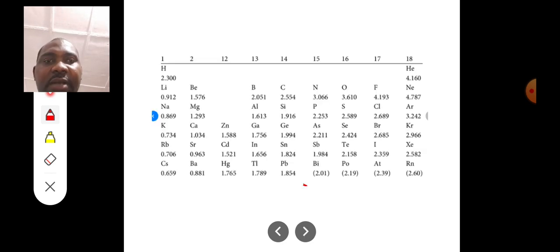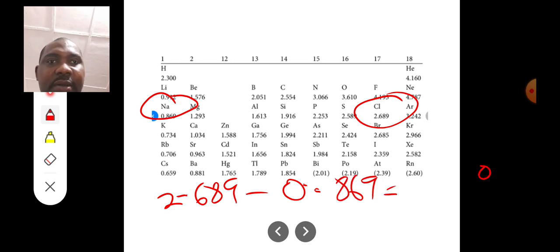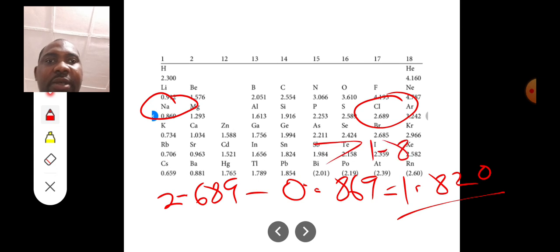Sodium chloride. So let's look at sodium chloride here. This is sodium 0.869. This is chlorine 2.689. So 2.689 minus 0.869. That's giving me 1.820. So that means for sodium chloride, the bond is an ionic bond because it is greater than 1.8, and so on and so forth.